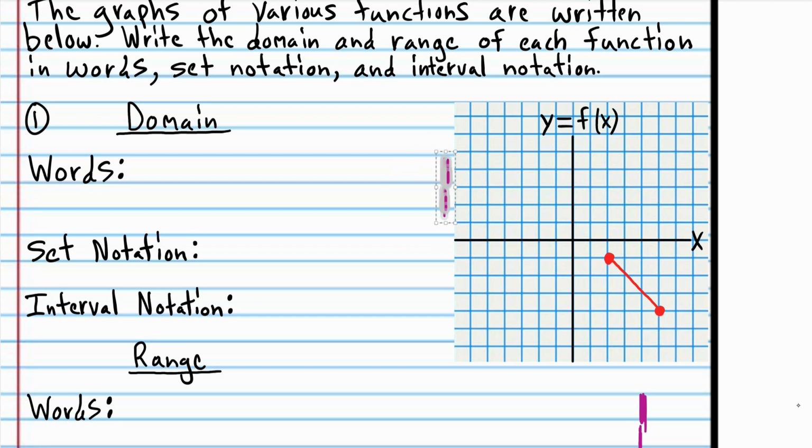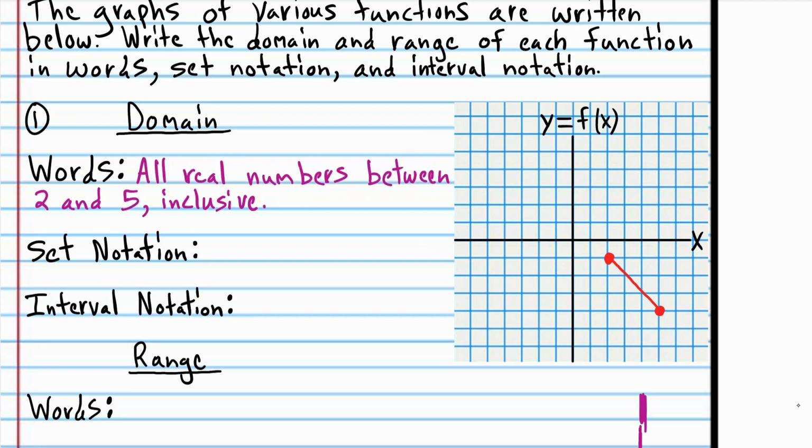So the domain is all real numbers between 2 and 5, but we have to say inclusive, because notice that these dots are filled in, which means that the x values of those points are in the domain.